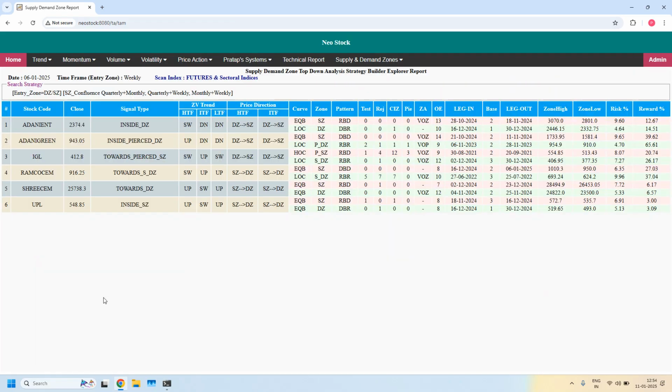We got 6 stocks. In all these 6 stocks, these weekly supply zones are part of the monthly supply zone. Again, both together are part of the quarterly supply zone. Such kind of combination.